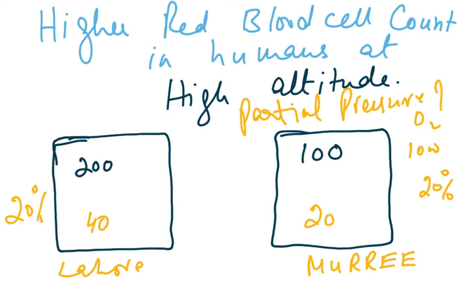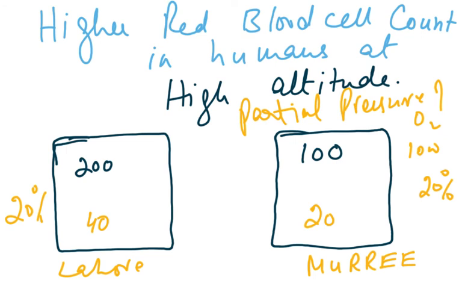So people who live at high altitudes will have more red blood cells as compared to people who live on the plains. And this biological response to high altitude is then exploited by athletes. So athletes will go and train at high altitudes, or go and live there and train for a month or two months.